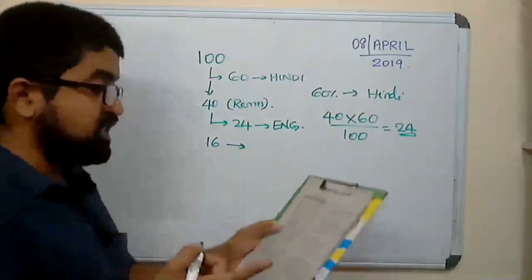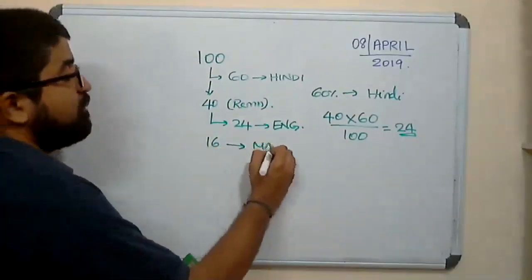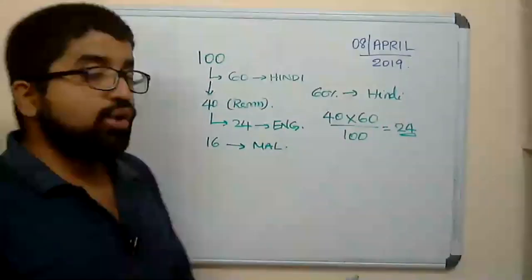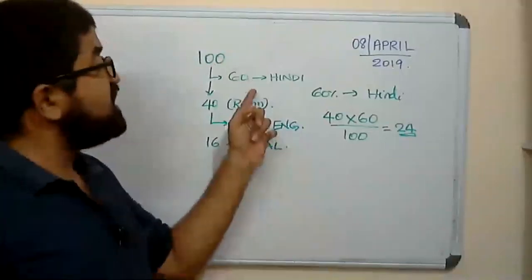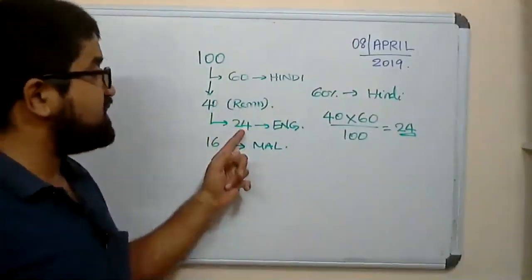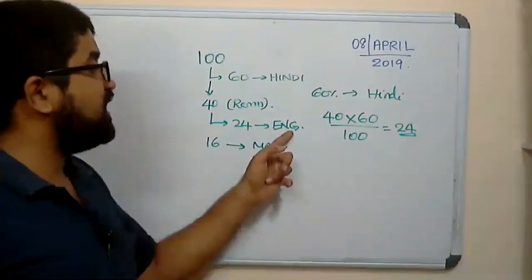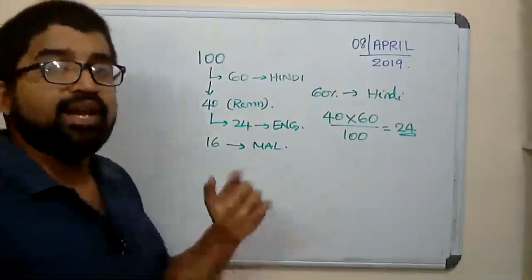It is given in the question that these remaining books correspond to the Malayalam language. So if you assume the initial value to be 100, 60 corresponds to Hindi, 40 remains. Its 60%, that is 24, corresponds to English. So 16 remains. So these 16 books correspond to Malayalam.